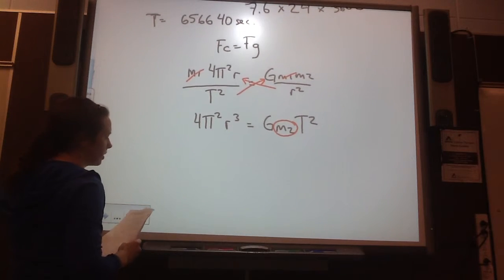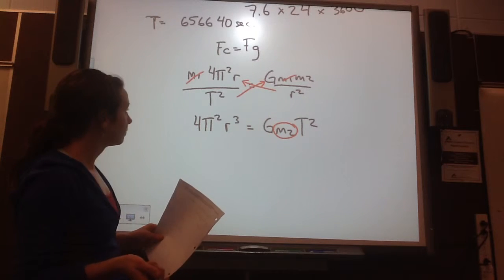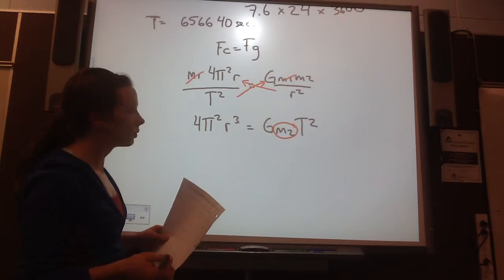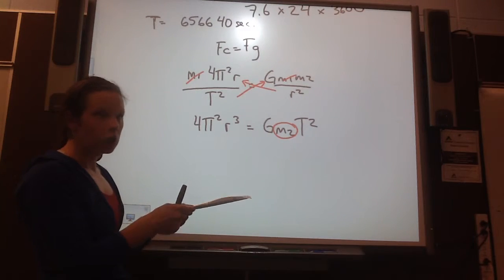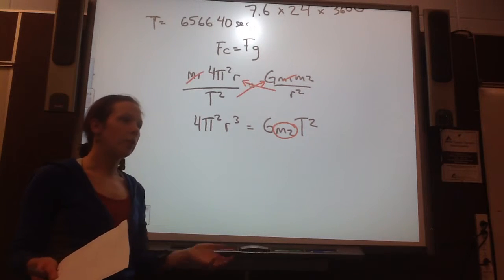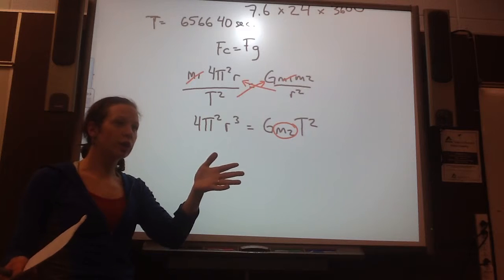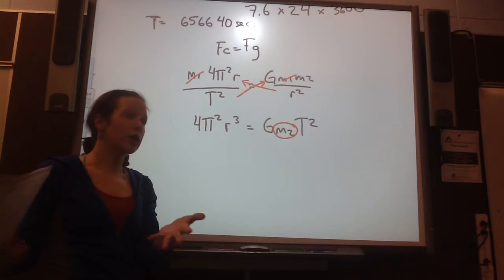That was my whole question at the beginning. Knowing that R cubed is proportional to T squared, does that change anything mathematically? No, it's just to understand the concept of it. We can see that Newton took Kepler's information and built on it, and could actually prove it.